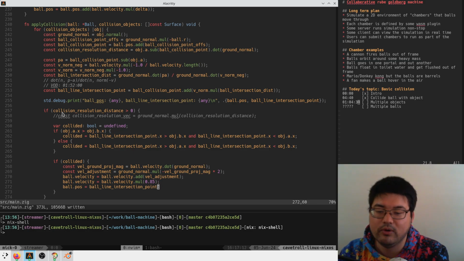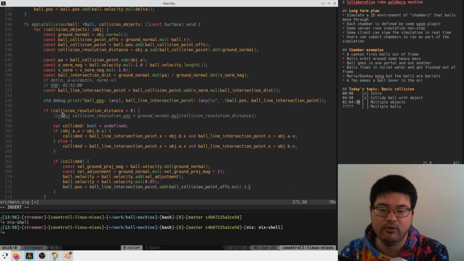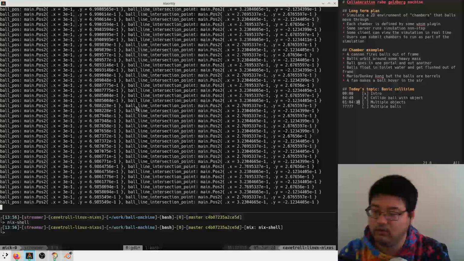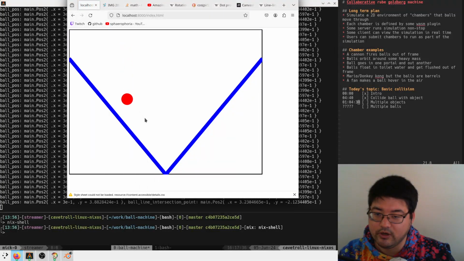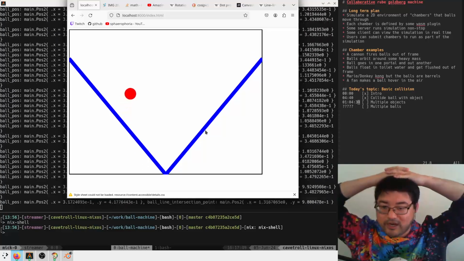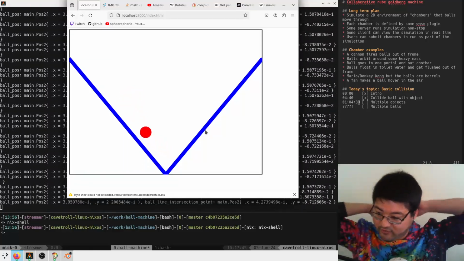Then here we need to set the ball to the line intersection point sub or add the ball collision point offset multiplied by negative 1.0. Let's see if that does something more sane. So here we go. Oh, fuck me. Oh, it was so simple the whole time. Let's see if that fixes the fact that it falls to the floor.